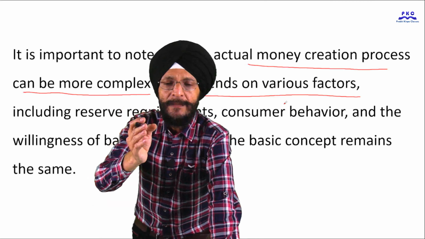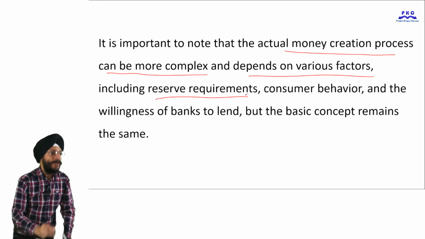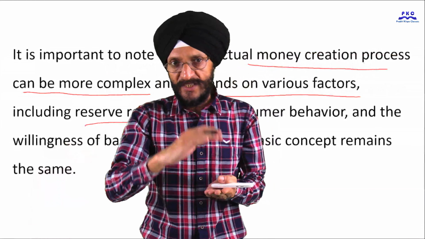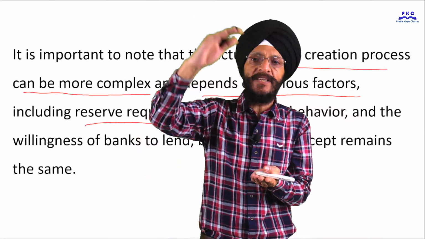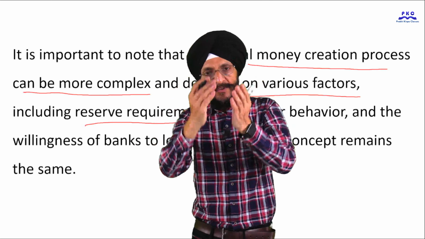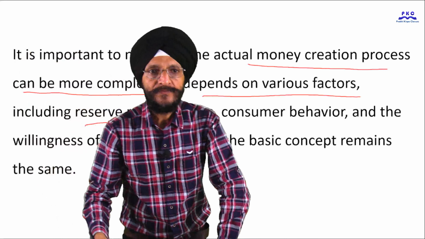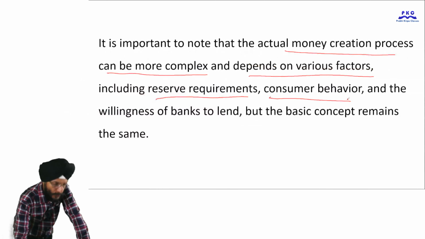The creation of money by the banks depends on various factors, including reserve requirements. If the reserve requirement fixed by the central bank increases, the banks cannot lend more. If the reserve requirement decreases, banks are in a position to lend more. It also depends on consumer behavior.